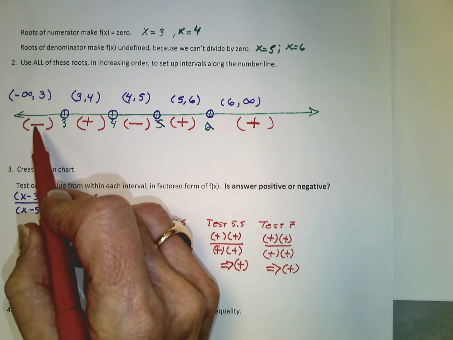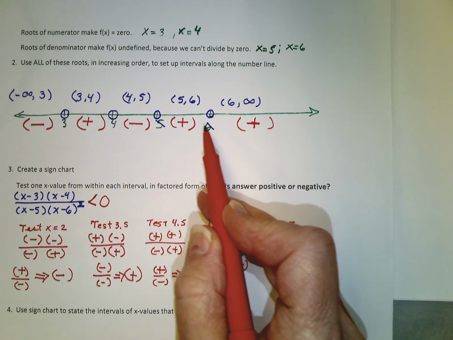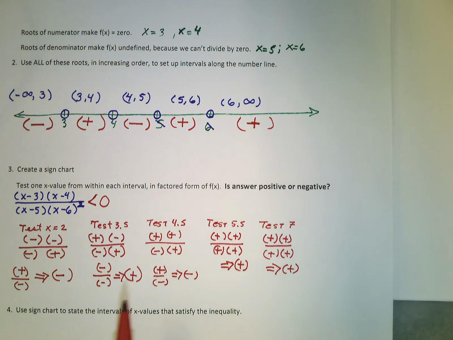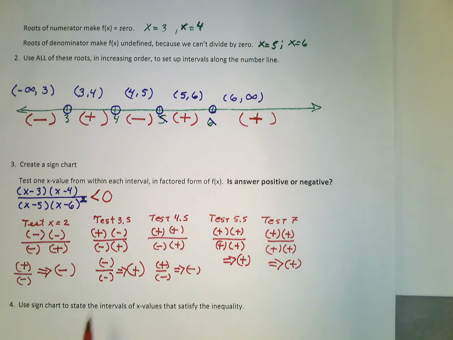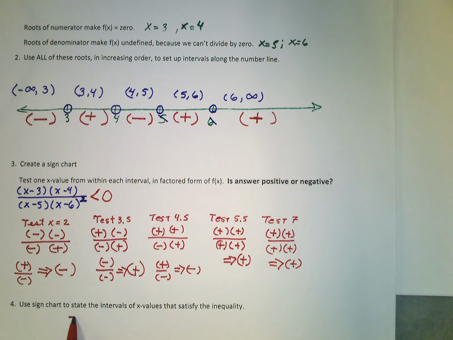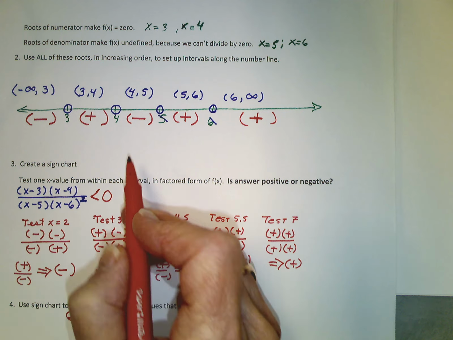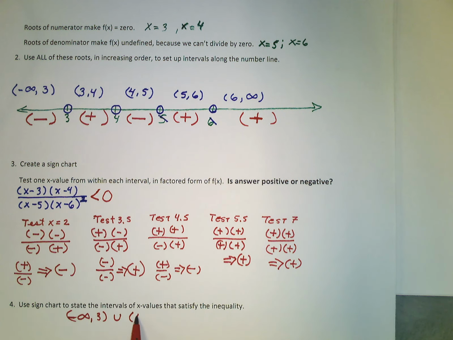The original inequality said that we wanted this fraction to be less than 0. So we know that we're only going to look at the parts where it's less than 0. And that would be from negative infinity to 3, and then union, that means or, between 4 and 5, because that came out negative.